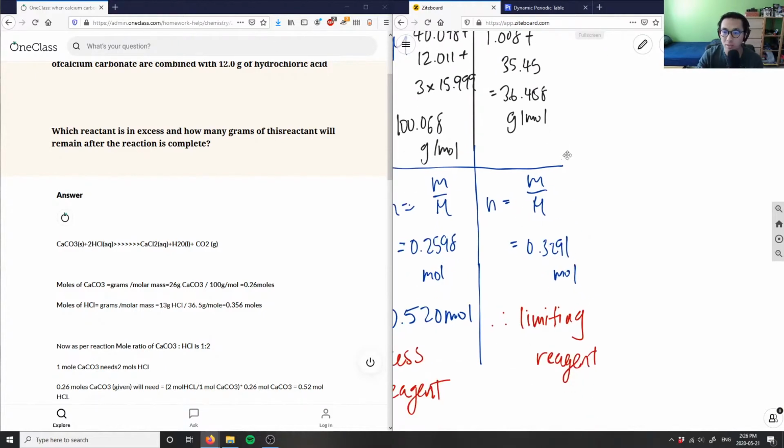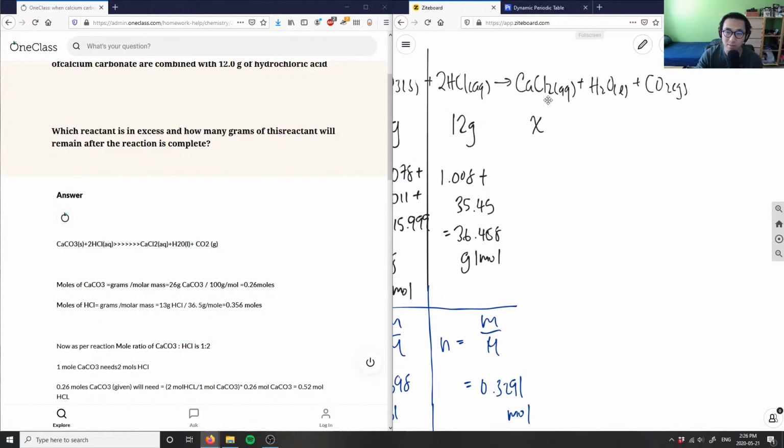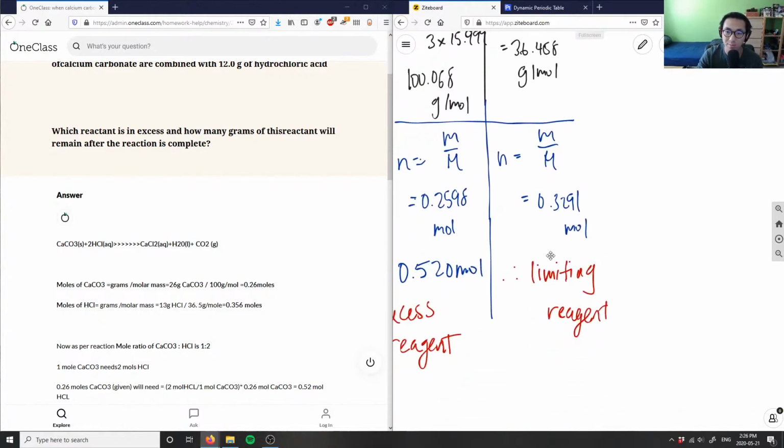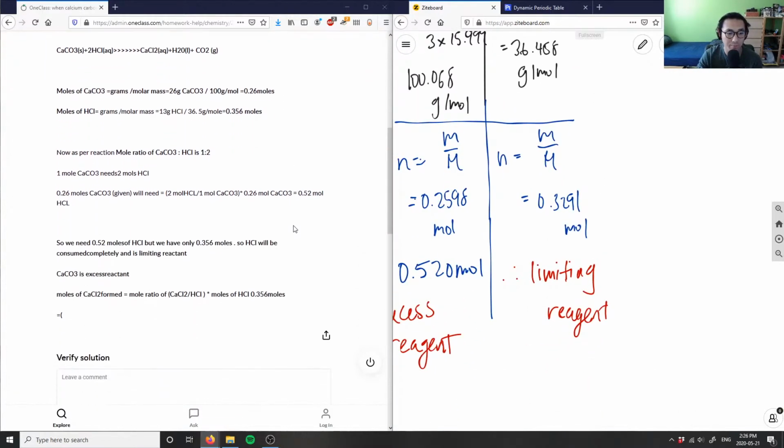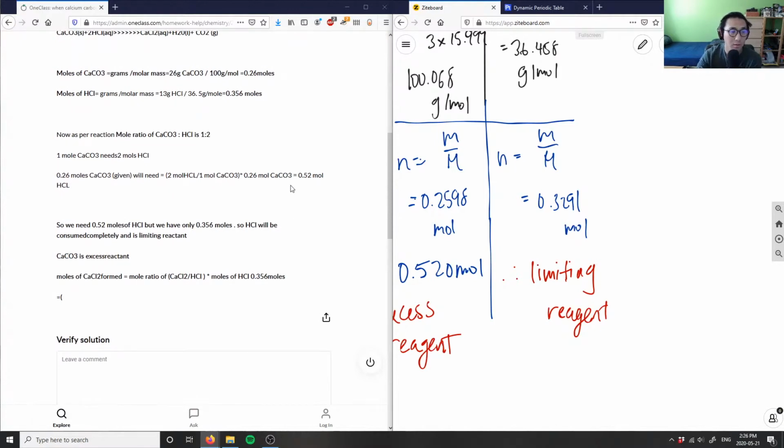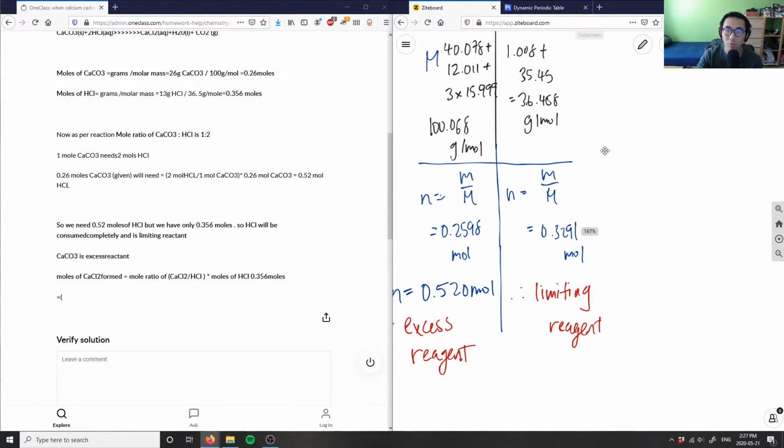So knowing this, what I can do now is solve for this calcium chloride, right? If this here is my limiting reagent, I can solve for my calcium chloride. What they're doing here is the moles of calcium chloride equals the moles of calcium chloride divided by hydrochloric acid, the mole ratio here.